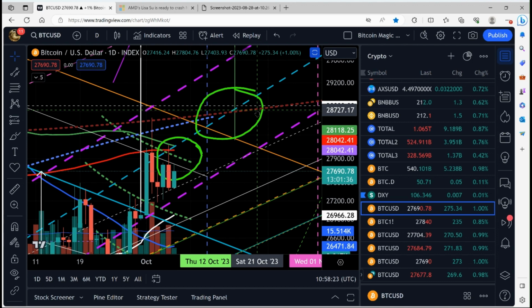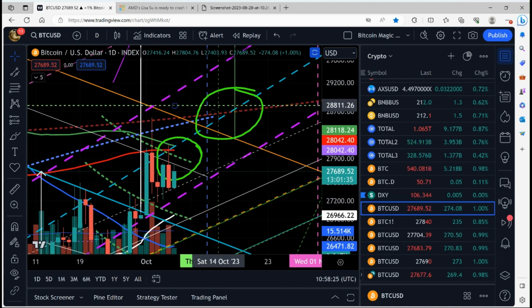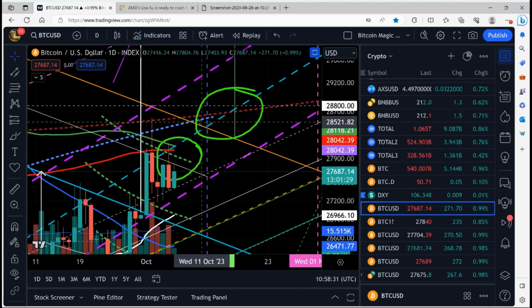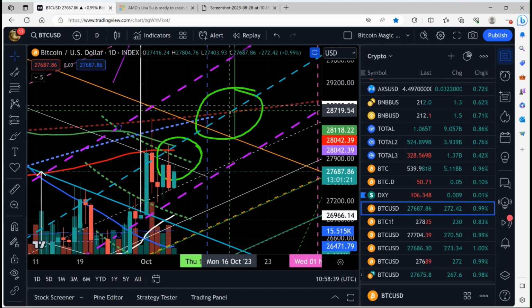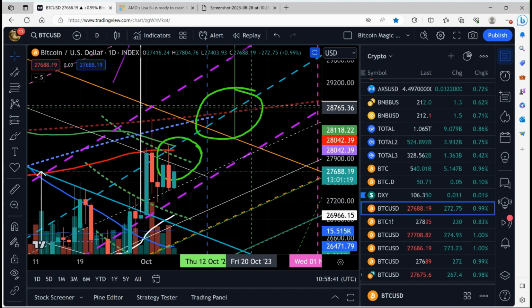The other resistance coming up in the next couple weeks: in the blue is the top of the 5 day Gaussian channel, and in the red is the top of the weekly Gaussian channel. They're converging right up here, along with this white horizontal dotted line that I have.